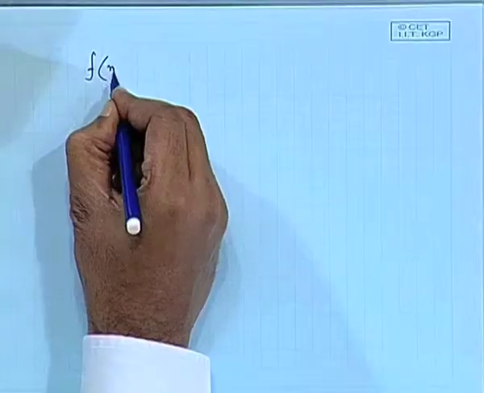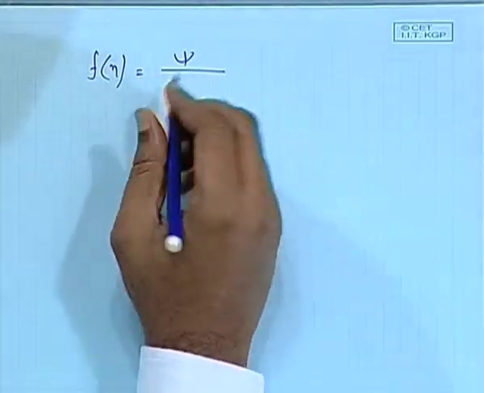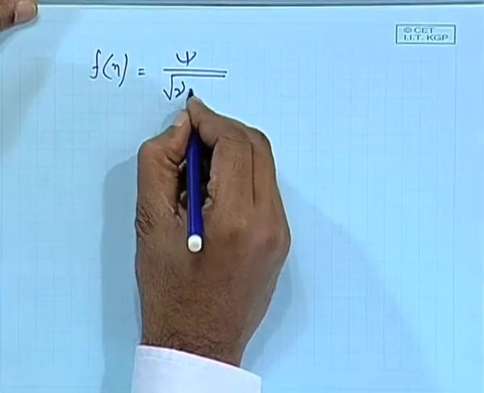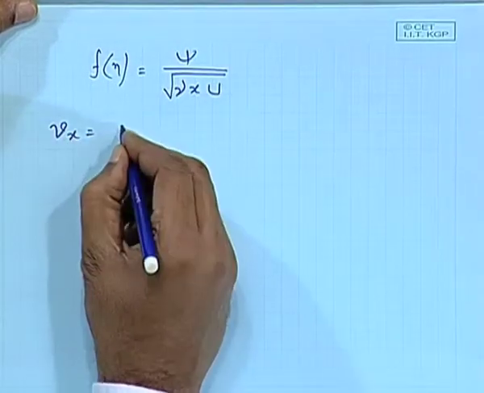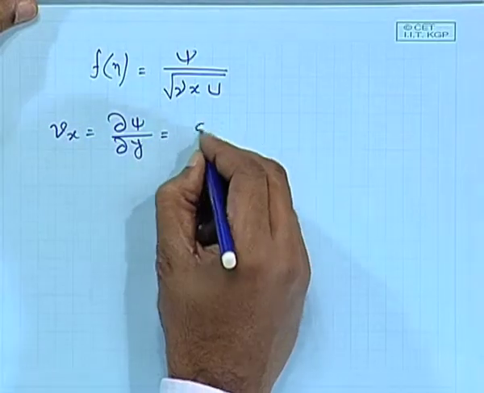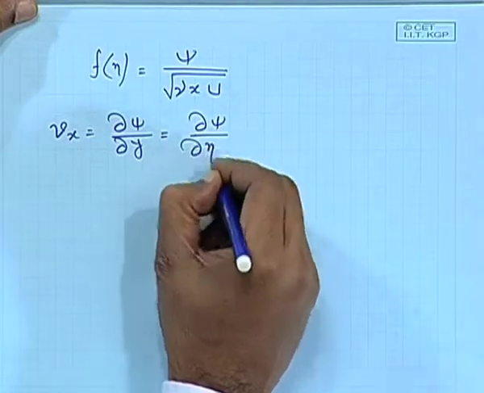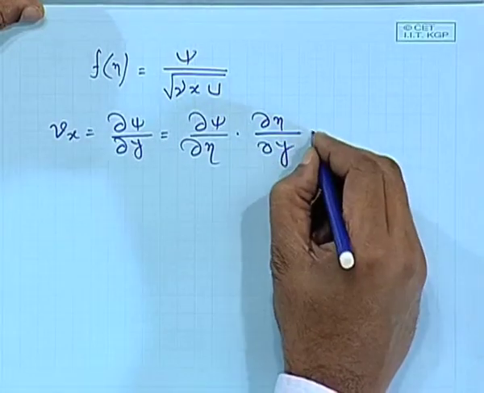So, the next step that remains is, since we are going to express everything in dimensionless form, a new dimensionless stream function is defined. It is just a definition, nothing else. Once we do that, then Vx would be del psi del y, and I can write it as del psi del eta into del eta del y.